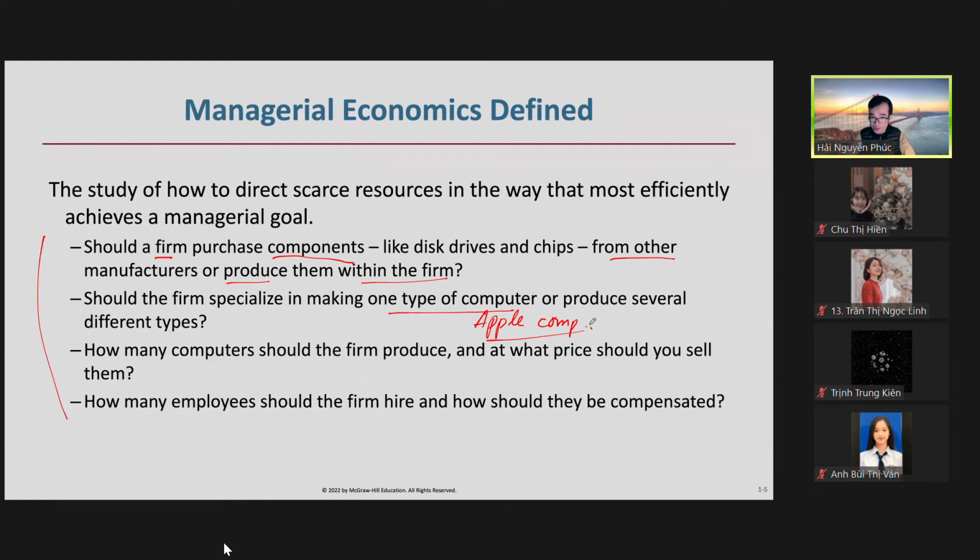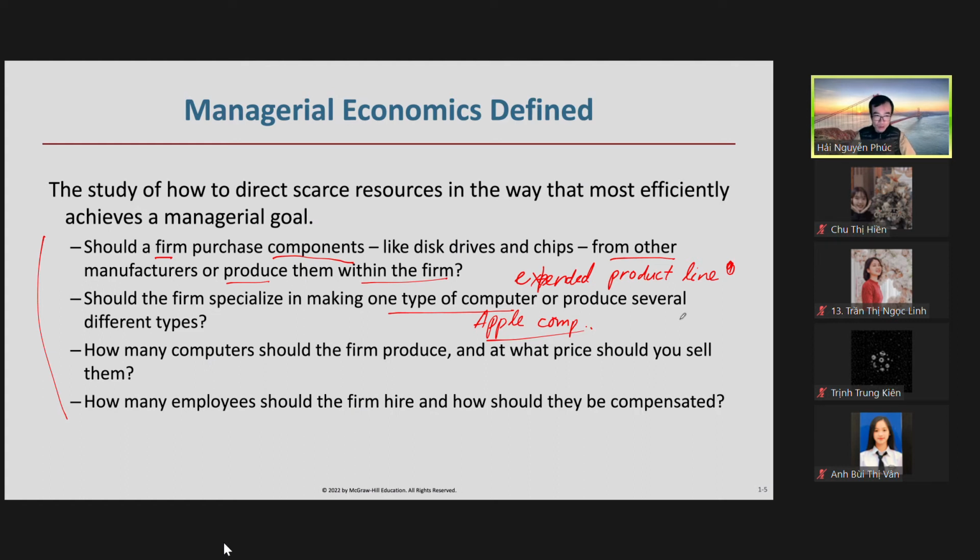So more choices for the customers. But of course, with an extended product line, the cost of production for Apple will increase. So they will have to trade off between the extended product line and the cost of production.